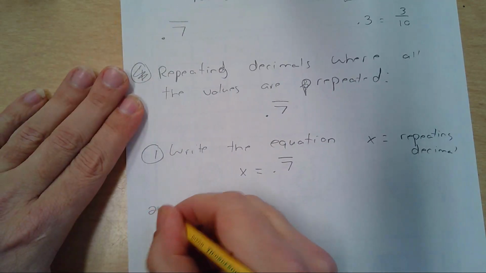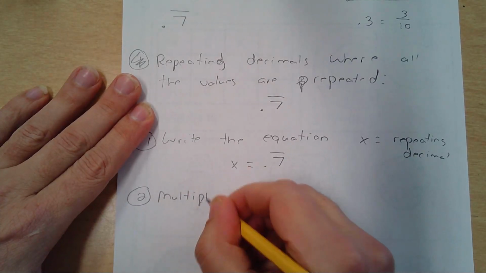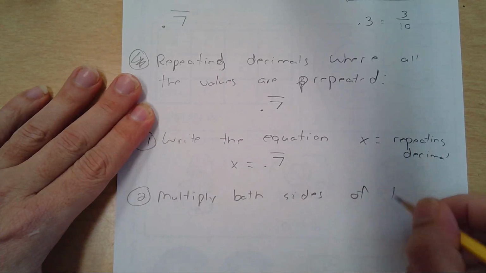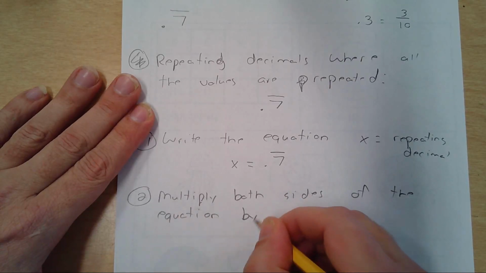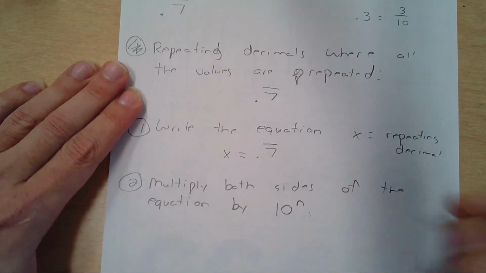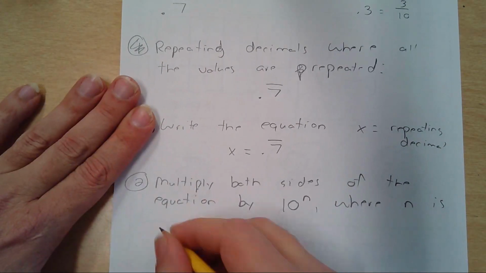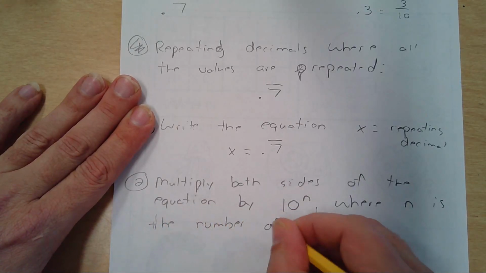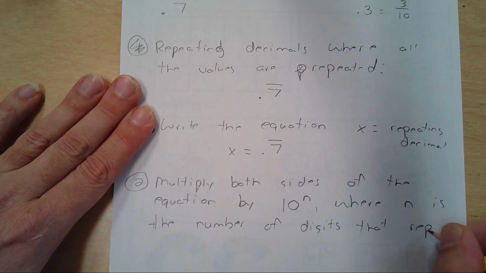Okay, 2. Multiply both sides of the equation by 10 to the nth power, where n is the number of digits that repeat.